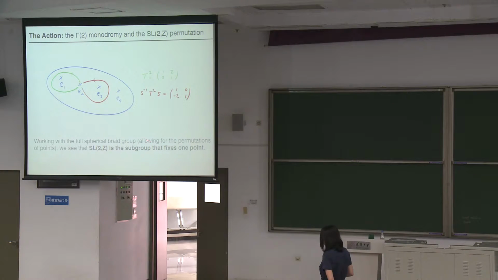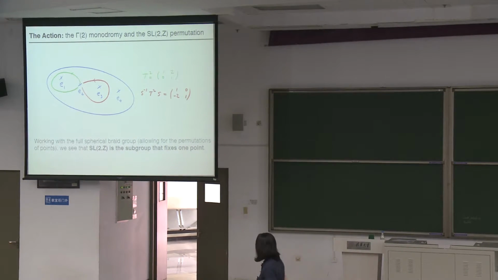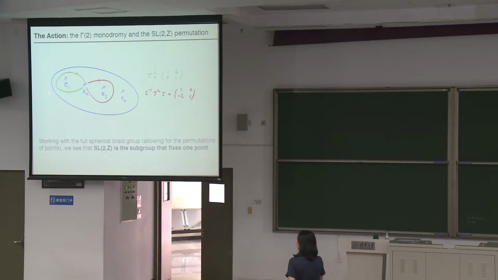So that's simple. And indeed, if you work with a full spherical braid group, namely you forget for a second that the points are distinguished, you'll see that SO2Z, the full modular group, is the subgroup that fixes 1 point and allows for a permutation of the 3 other points. So, okay, so far everything is very simple.